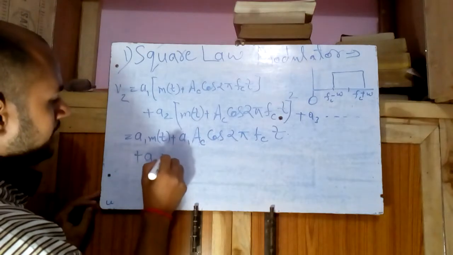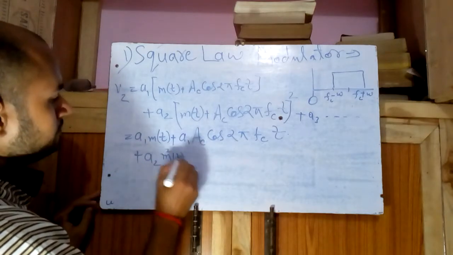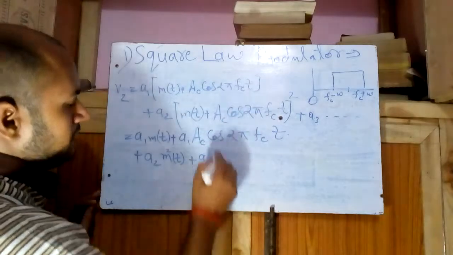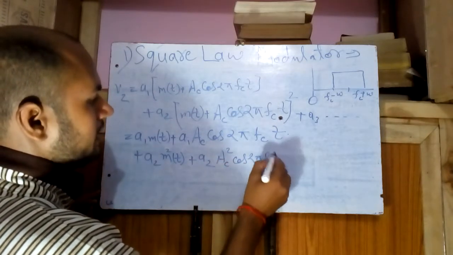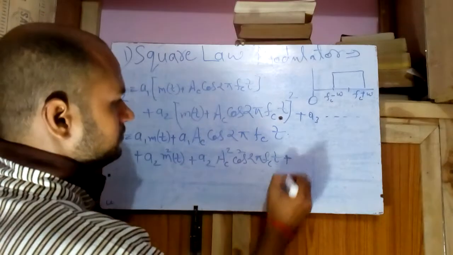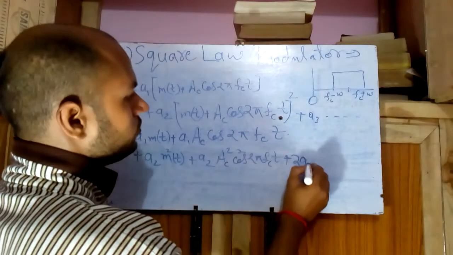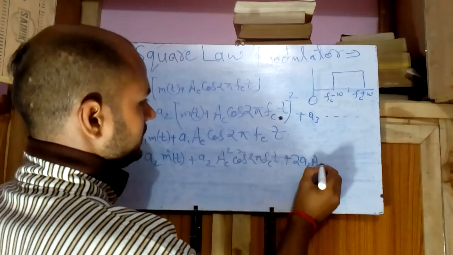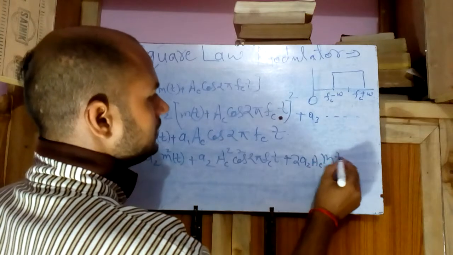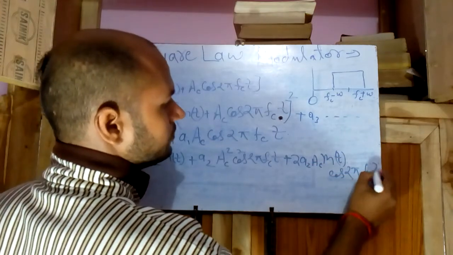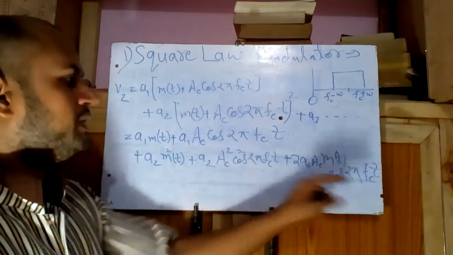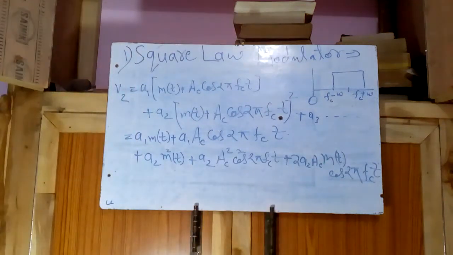So A square MT square plus B square AC square cos 2 pi FCT square plus 2AB, 2A2 AC MT into cos 2 pi FCT, 2AB, right?